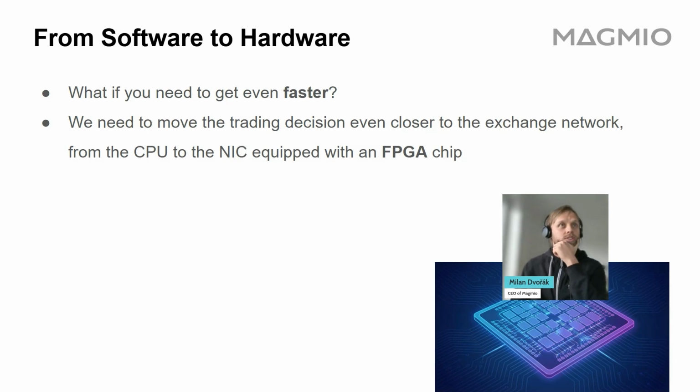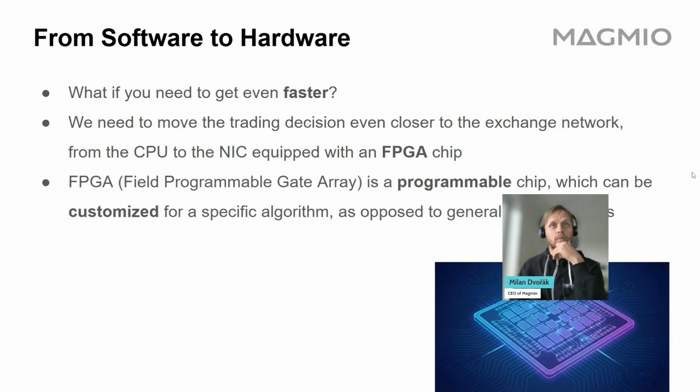So the trading decision needs to be moved from the CPU, from software, directly onto the NIC, the network interface card, which is to be equipped with some kind of a chip that can execute your logic, your strategy, which is very often an FPGA chip. I'll quickly explain what an FPGA is. The abbreviation means Field Programmable Gate Array, and that's a programmable chip which can be customized for a specific algorithm.